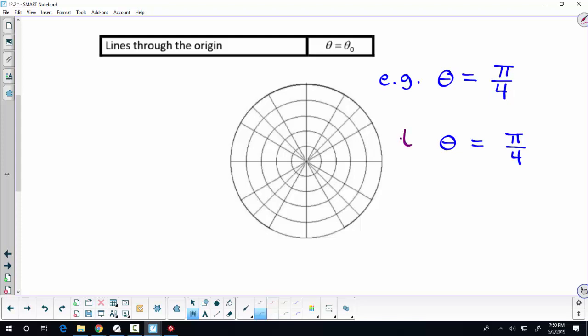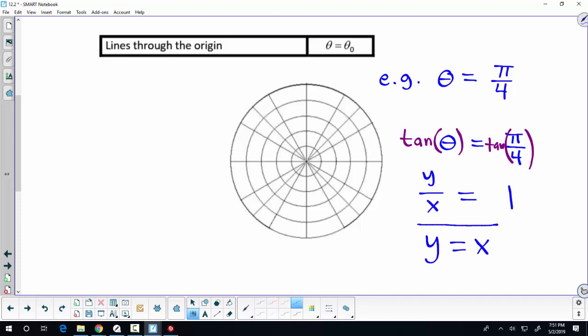If we take the tangent of both sides, what is the tangent of theta? y over x. Tangent of theta gives us y over x equals, what's the tangent of pi over 4? 1. So y over x equals 1, multiply by x, and we have y equals x. So the graph of theta equals pi over 4 is the graph of y equals x.